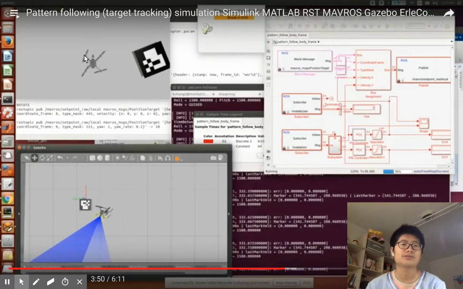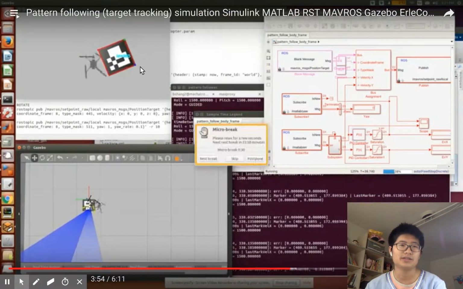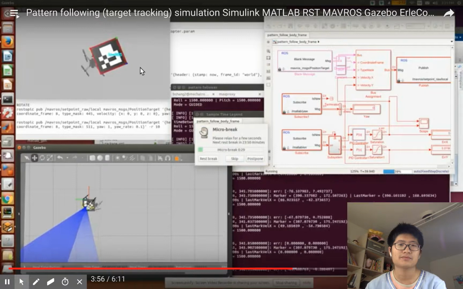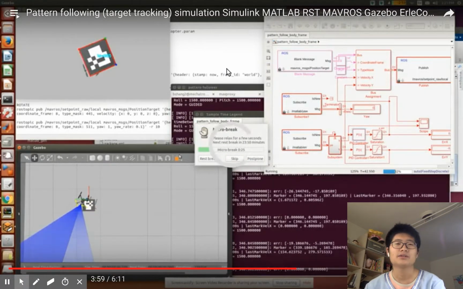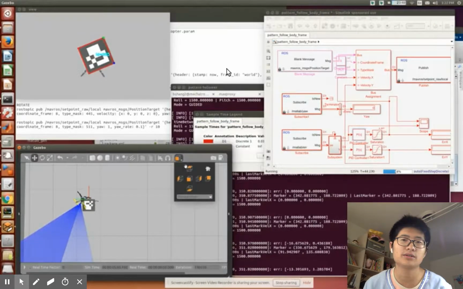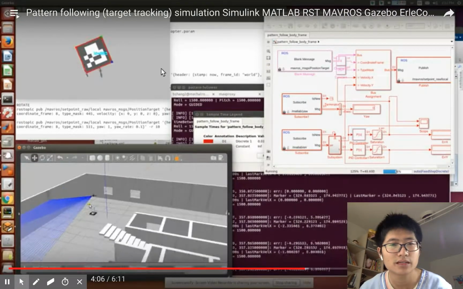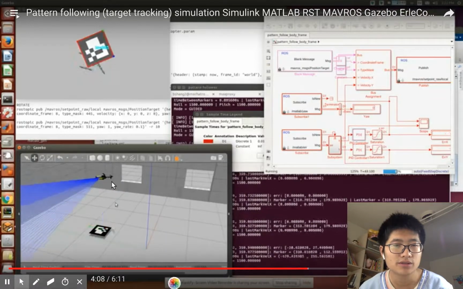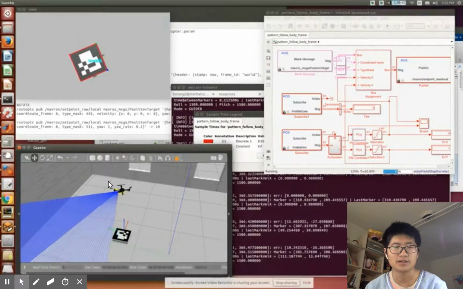From this screen, you can see sometimes the target is not detected. So the image processing is also unstable in this environment, which is really similar to the real experiment result. Now you see the drone can move itself just above the target.